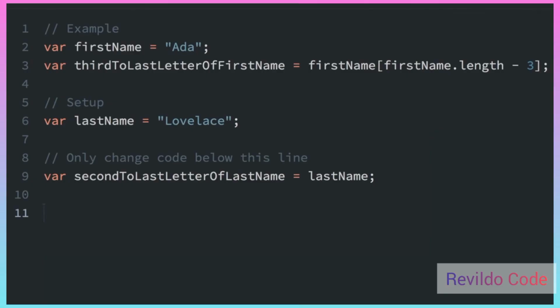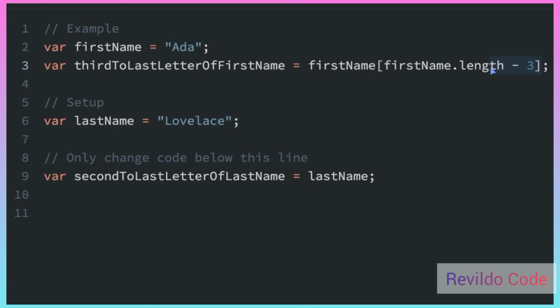We saw how to use bracket notation to get the last letter of a string. You can also do the third to last letter or fourth to last letter. So you just subtract however much you want from the length of the string. So we have the bracket notation first name dot length minus 3.